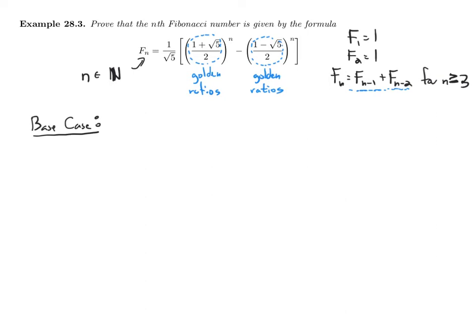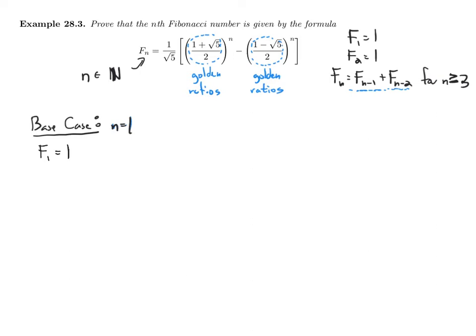Okay, now that you're back, let's go ahead and give this a go. Our base case is when n equals 1. Let's do this in black. N equals 1. So I know that f1 is 1.